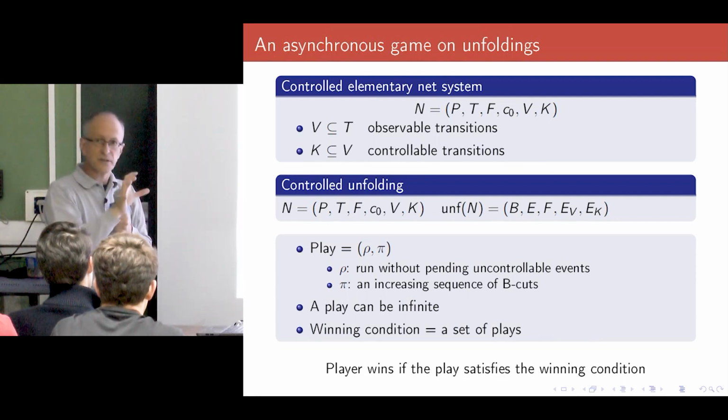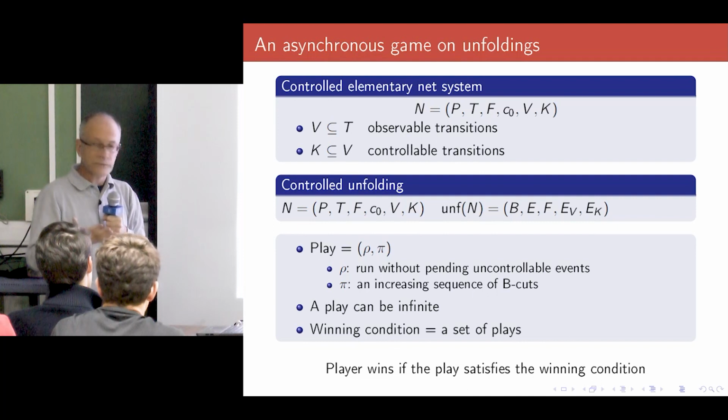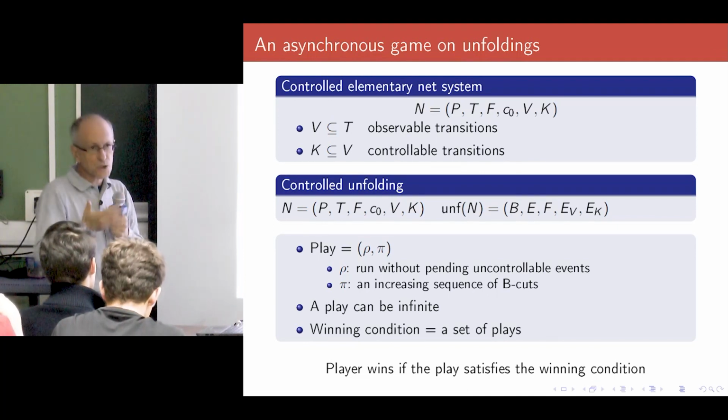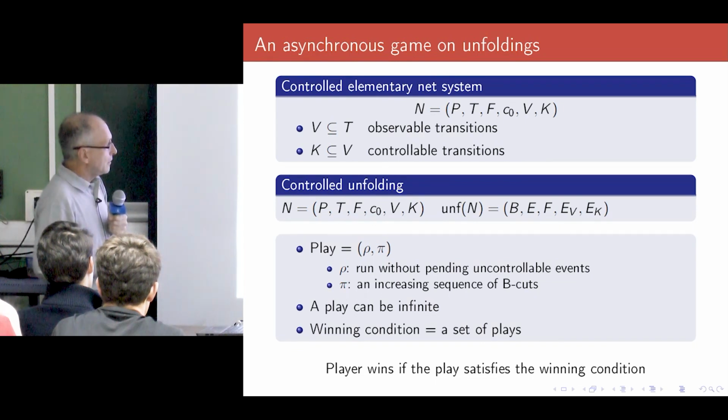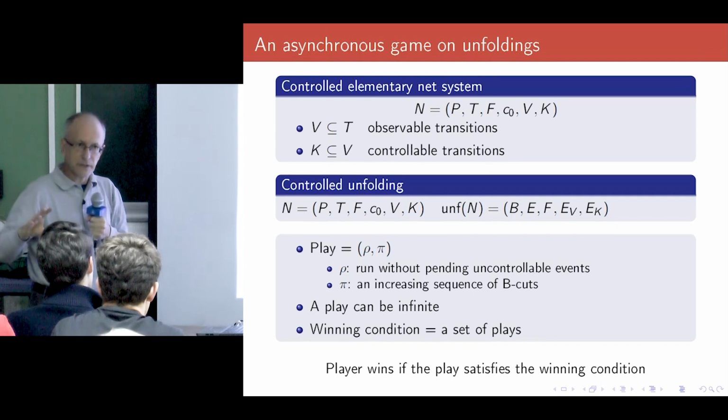The player has decided to fire, to make happen some of the controllable transitions and maybe has kept blocked some others. And the environment has chosen its transitions. So with this definition, a play can be infinite.